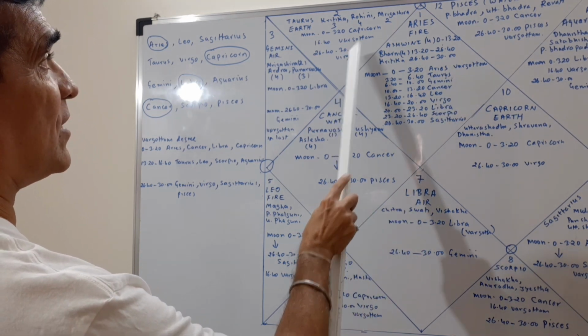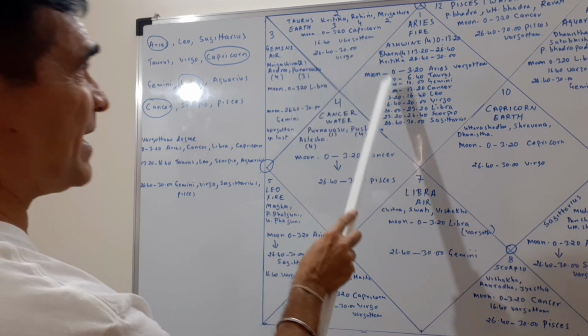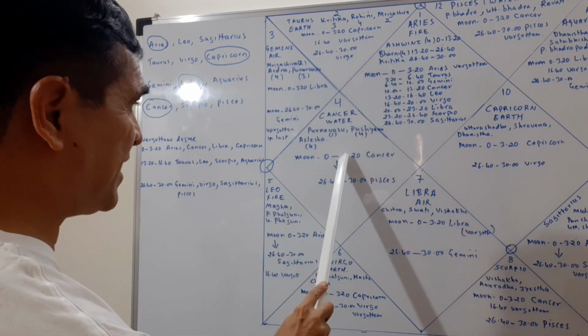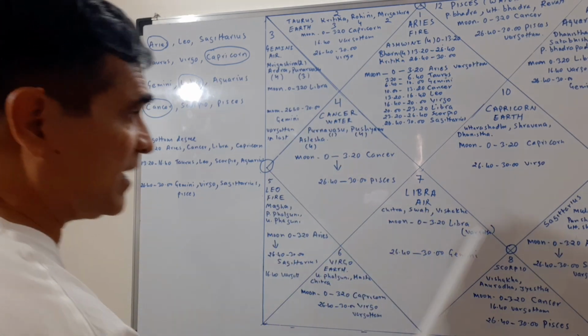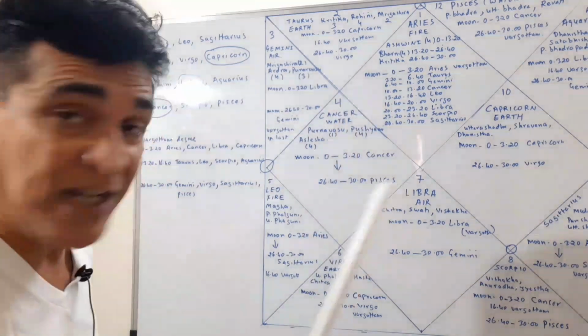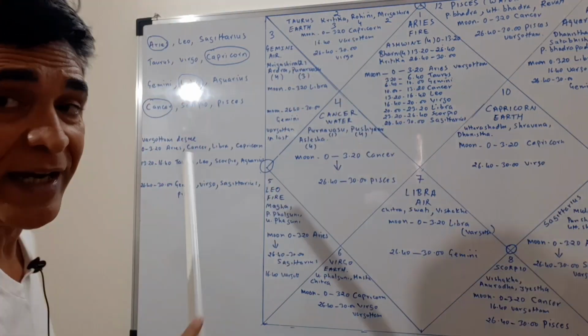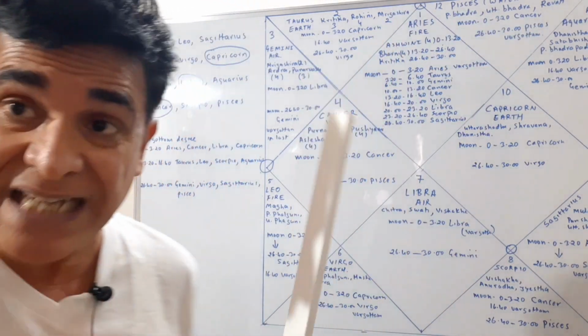This is Vargotham at 16.4. Then this is last. So beginning, middle, last. It's a sequence. That's why I said it is so beautifully made by the sages, how this calculation goes on and how your Navamsa is developed.